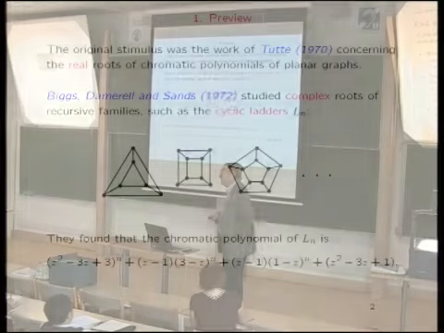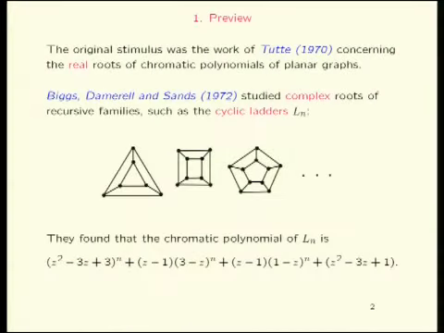So the initial stimulus came from Tutte's work on the golden roots and the silver roots and so forth, which I heard about in 1970. And for no particular reason, I, with some of my colleagues, looked at complex roots, and we found this family here, which are now called the cyclic ladders, perhaps call them the prisms.